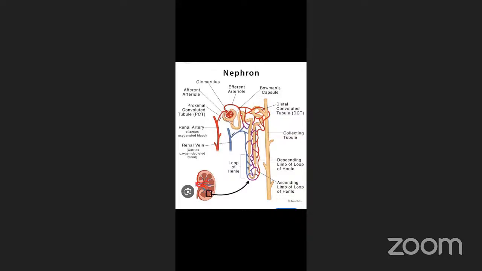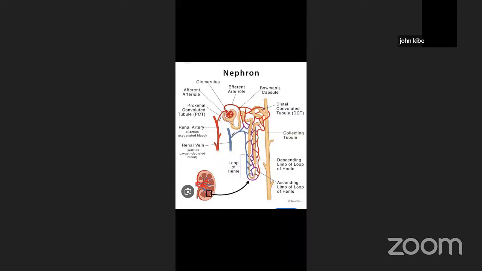Now, we're going to look at each and every part. It is being supplied by oxygenated blood with a lot of oxygen by the renal artery. It branches into the renal arteriole, which branches further to the afferent arteriole.